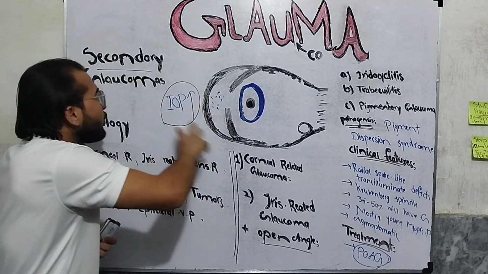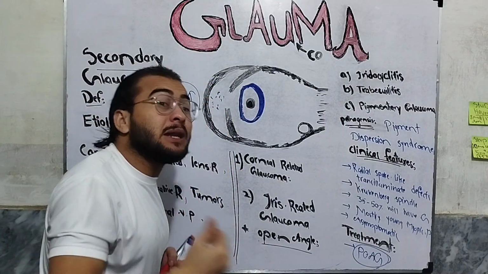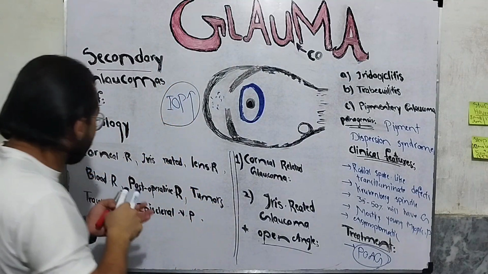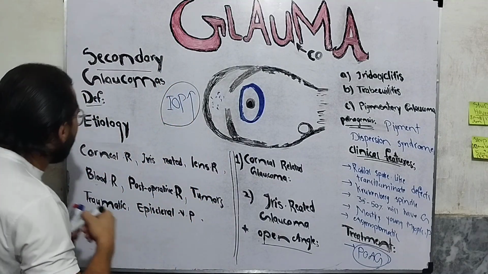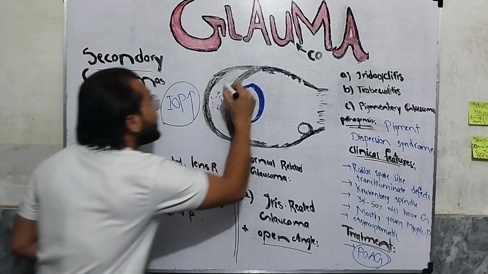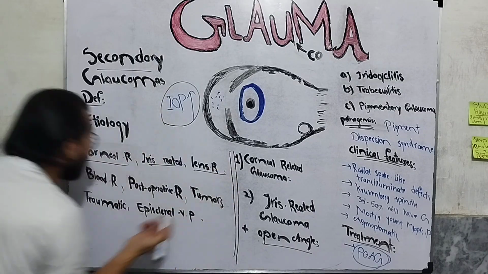So, on the basis of different pathologies of different parts, we have multiple types of secondary glaucomas, and each will be discussed. For example, we have the corneal-related secondary glaucoma. We have the iris-related secondary glaucoma. We have the lens-related secondary glaucomas.